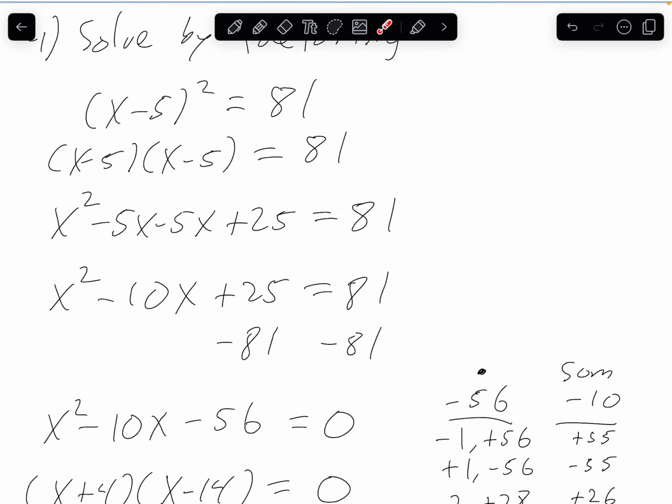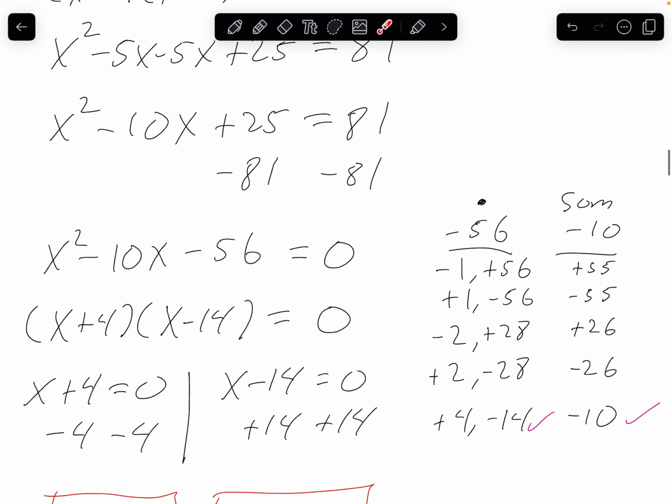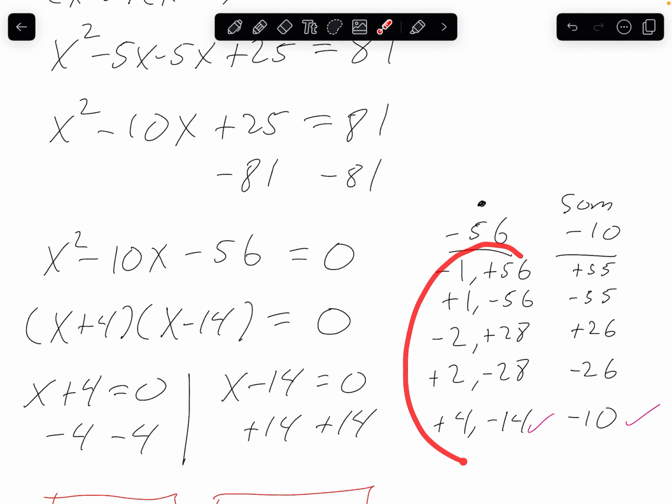And then we can factor this by the AC method. These are most of the factors of 56. 56 has a decent number of factors. But positive 4 and negative 14 is going to add up to this negative 10 that we're looking for. Branch this off into two equations. Factor it first. X plus 4, x minus 14.